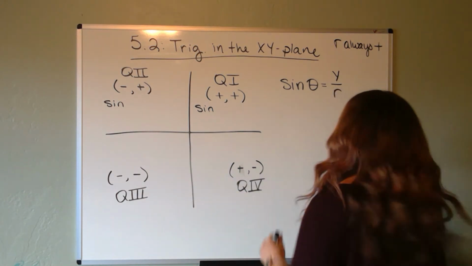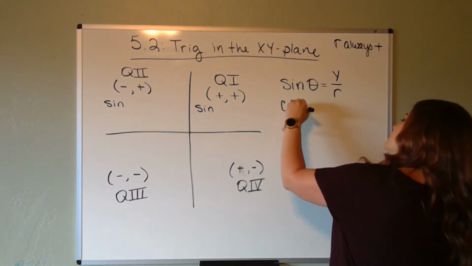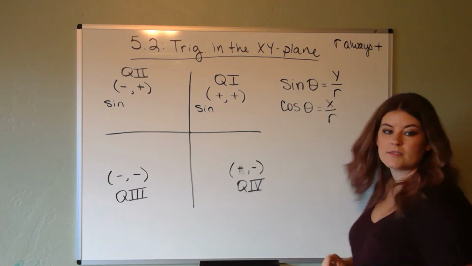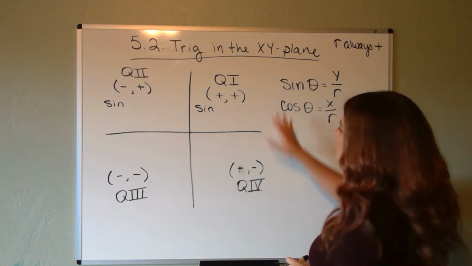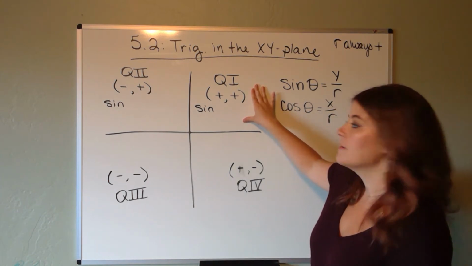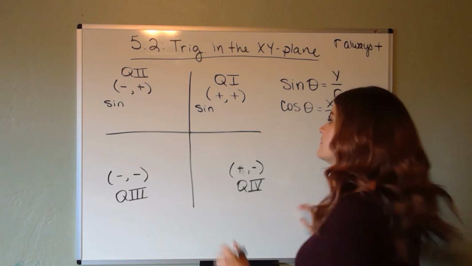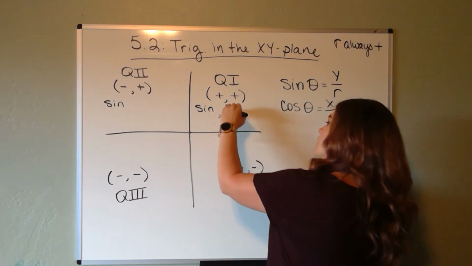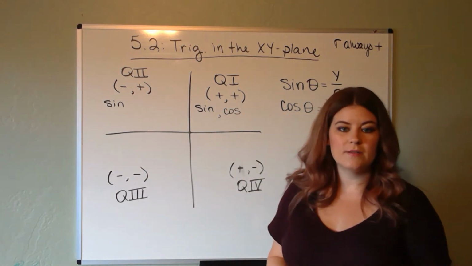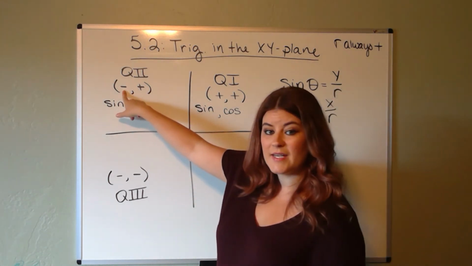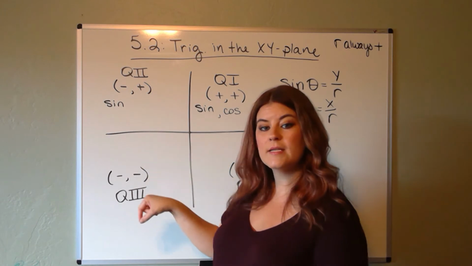Let's look at cosine. Remember, cosine is x over r. So let's start from quadrant 1 again. X is positive in quadrant 1. R is always positive. So cosine is also positive in quadrant 1. But you guys, in quadrant 2, x is negative. So it means cosine is also negative.